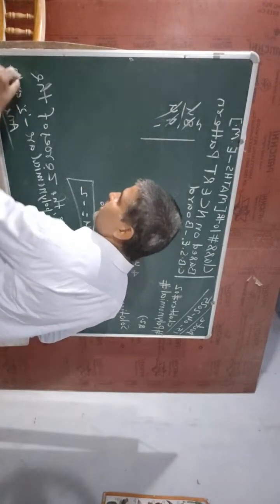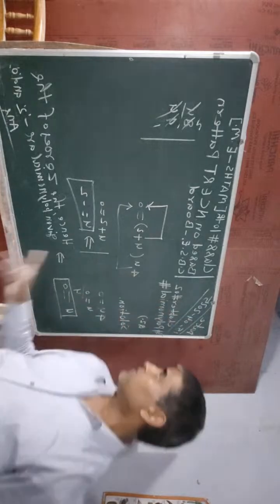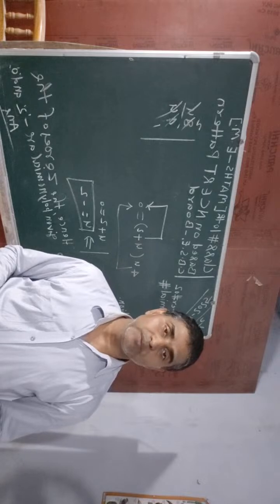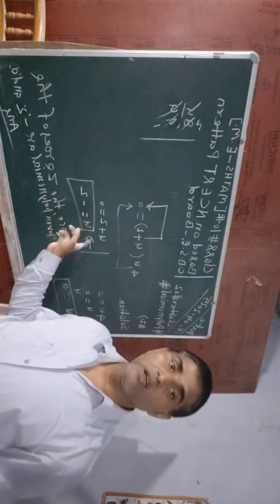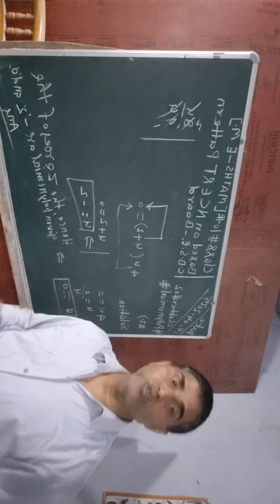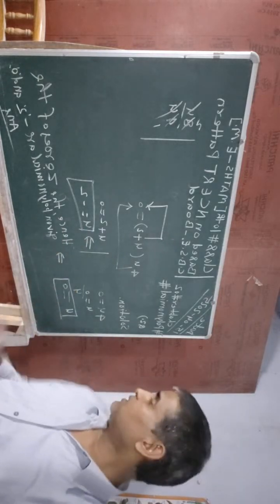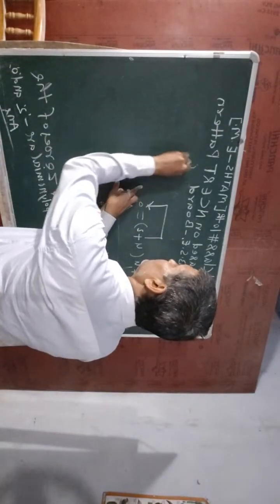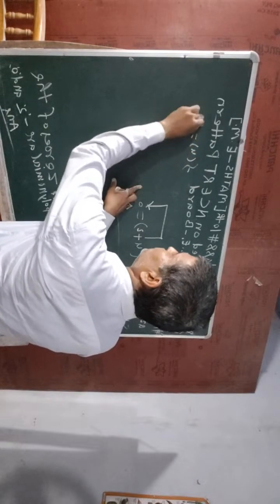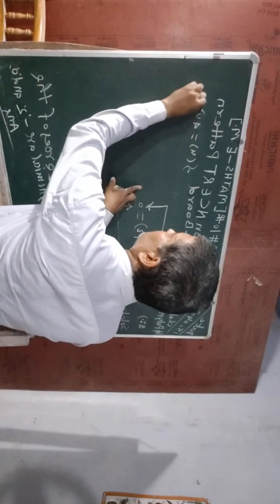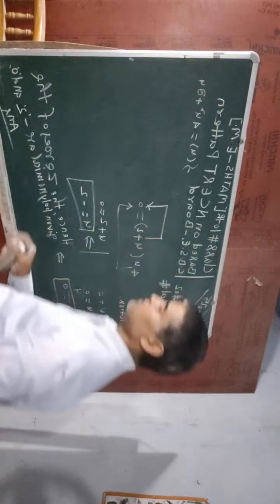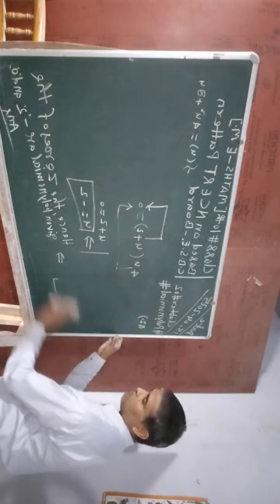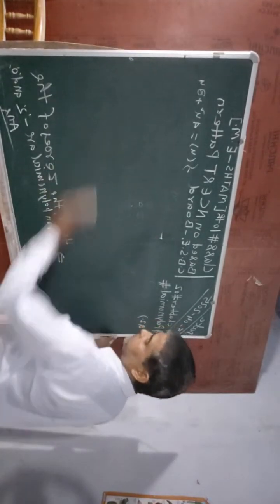Now the second question is also there: find the relationship between the zeros of the given polynomial and its coefficients. The given polynomial is f(u) = 4u square plus 8u. Now I am going to solve this one.